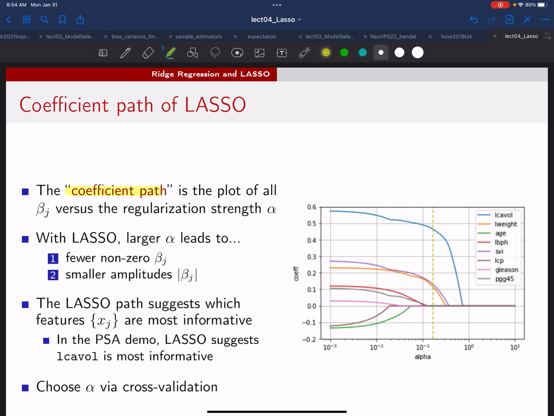So if we are medical researchers and we're trying to understand which things are most predictive of PSA levels, then this data set would tell us we really should be only looking at these things, LCA vol, L weight, and this Gleason score. Everything else we should just ignore. These are the features that are most useful. So that's one of the advantages of linear regression.